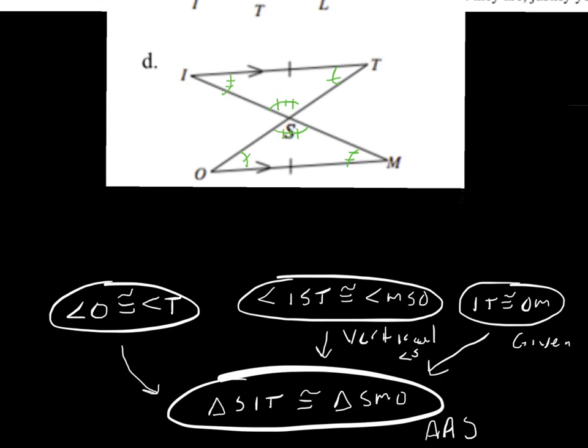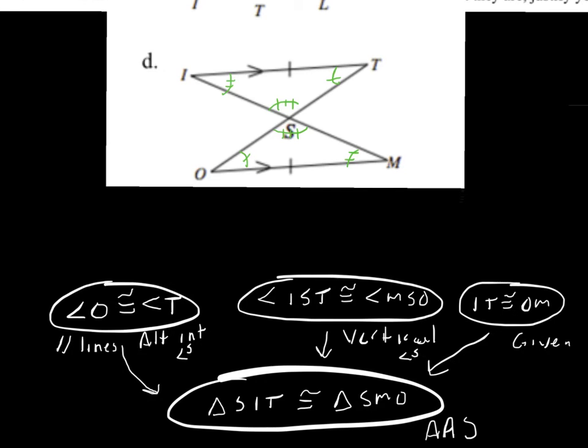They were alternate interior angles. So you could say parallel lines and then alternate interior angles. On the test, I would accept either one of those. You don't have to have both. I know what you mean when you say parallel lines, as long as you knew that that gave you those angles.